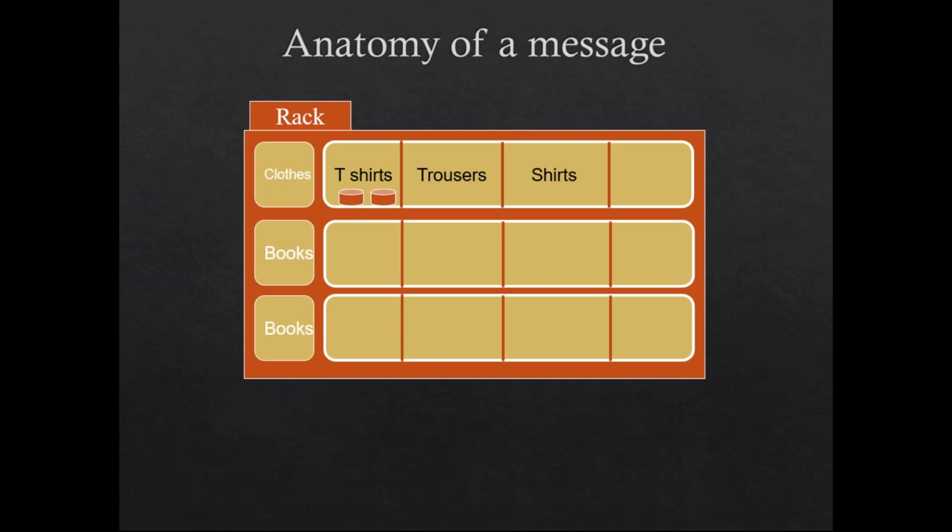Now if you want to tell someone, say Wally, where you keep your t-shirt, you would just say you can get that t-shirt from first rack, first component. Because you both know the locations of where things are stored, you just tell them first rack, first component, or first rack, second compartment, or first rack, third compartment.